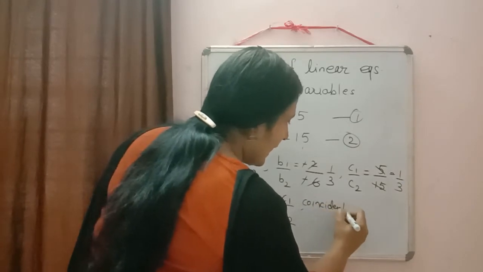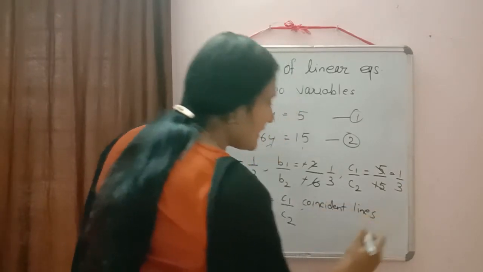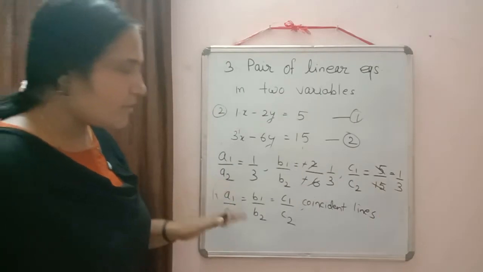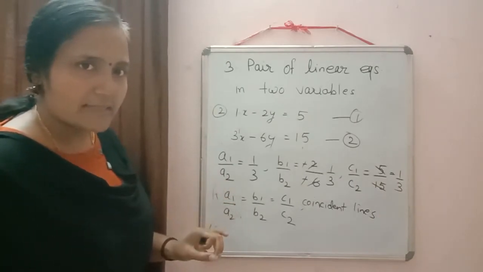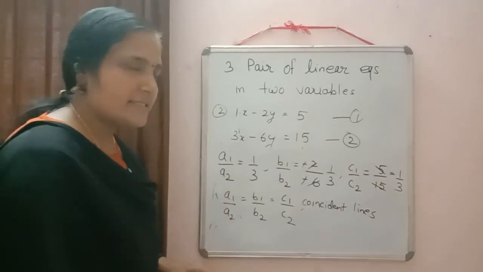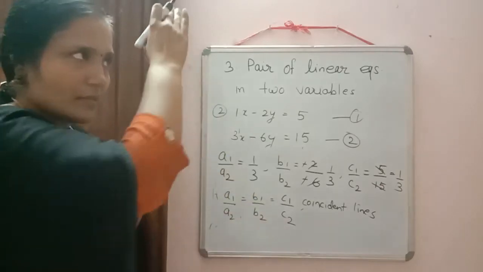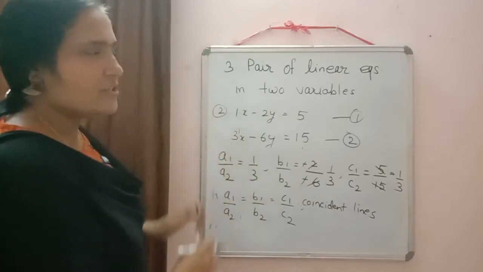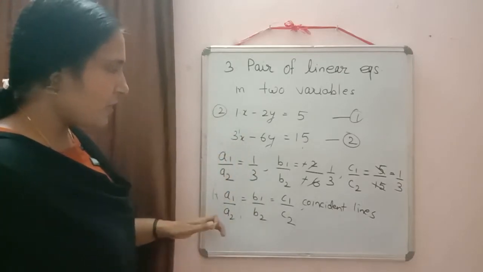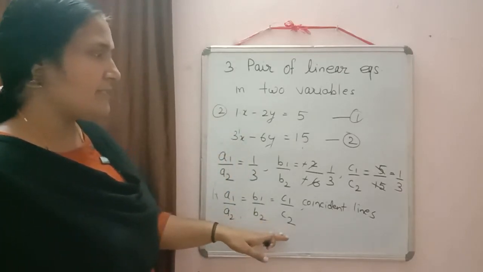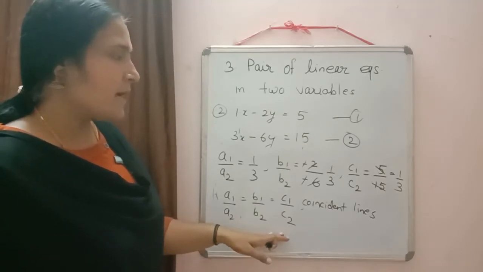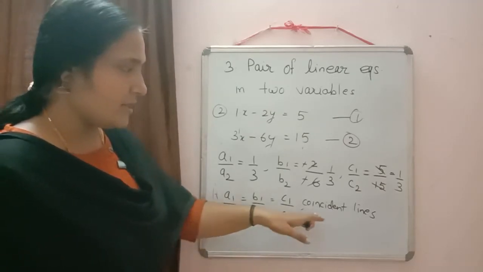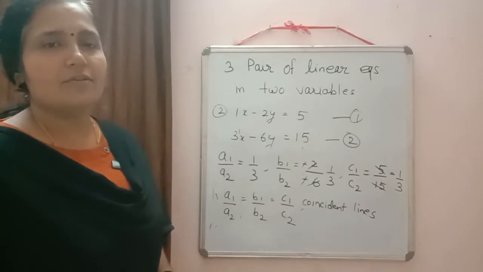Coincident lines. And if coincident lines are there, is the system of equations consistent or inconsistent? Yes, consistent. Coincident means all the points on that line are the solution of these 2 equations. So if these ratios are the same, then we will say the given system is consistent with infinitely many solutions.